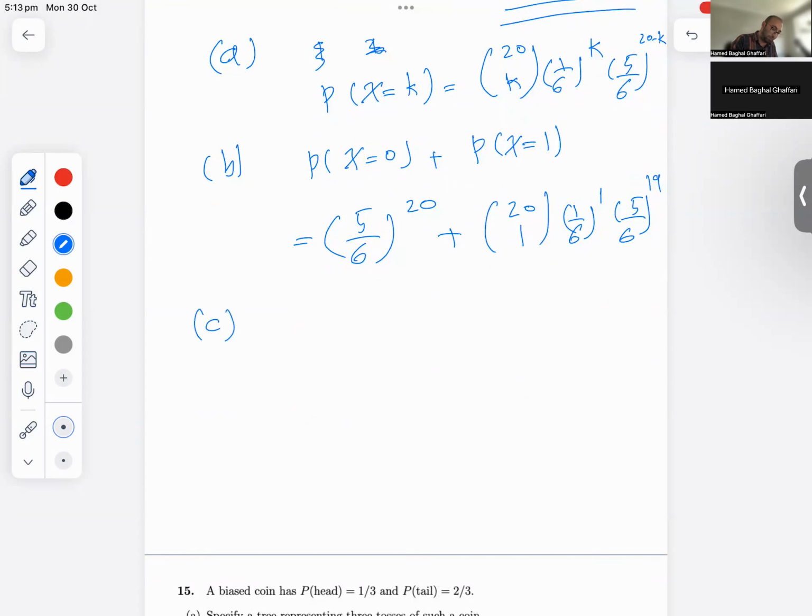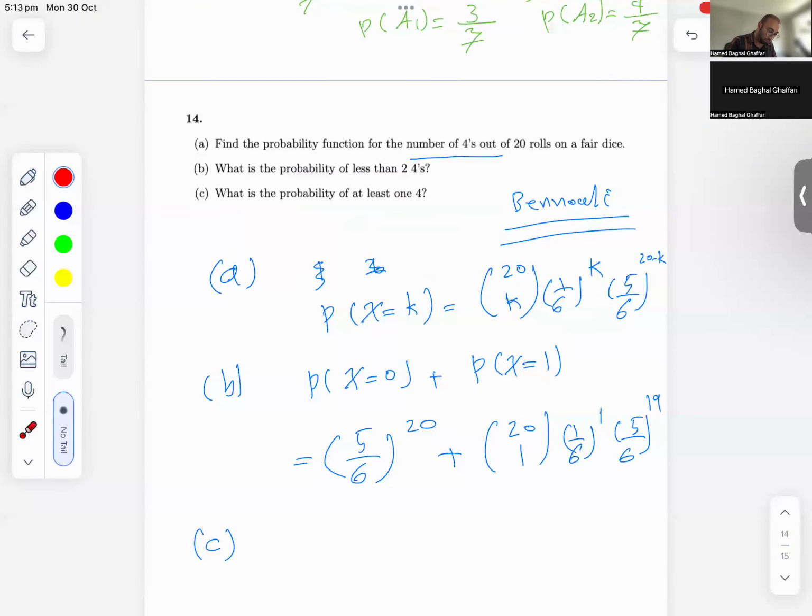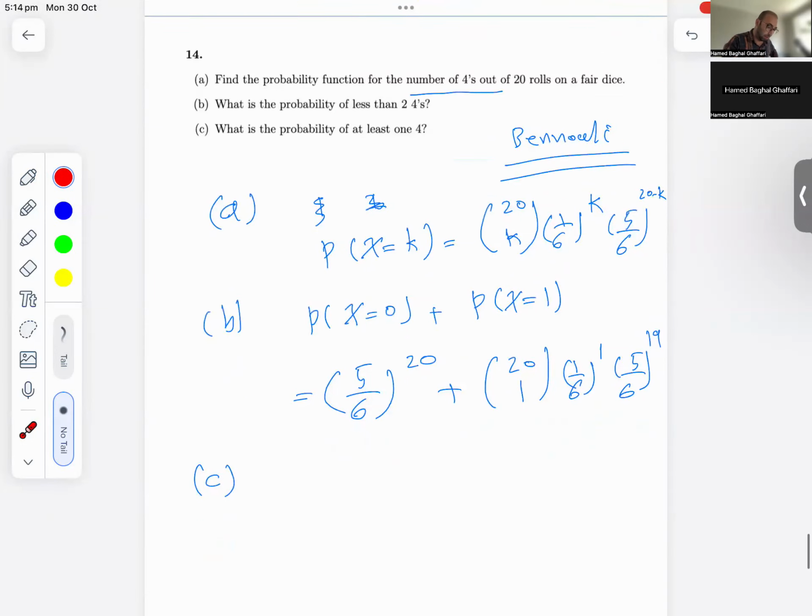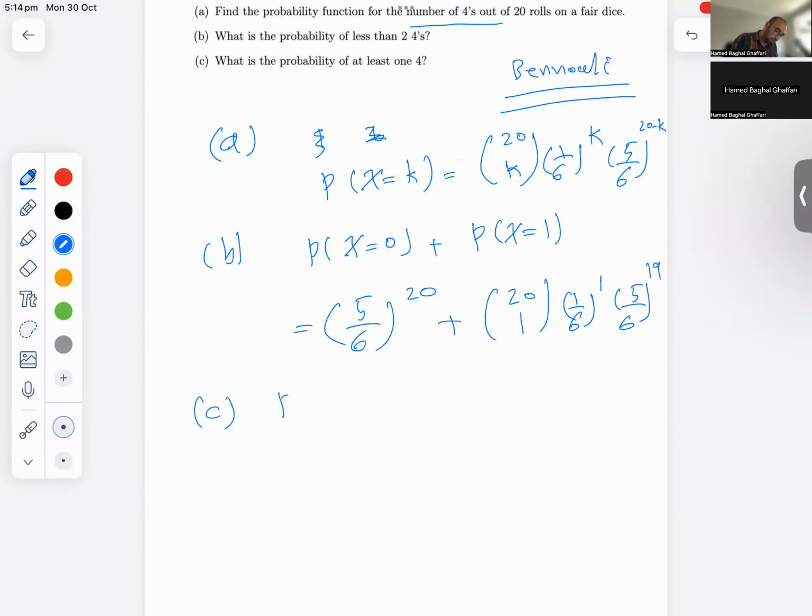Part C, so what's the probability of at least one 4? That means the probability of 1, 2, all of that, up to 20 rolls.